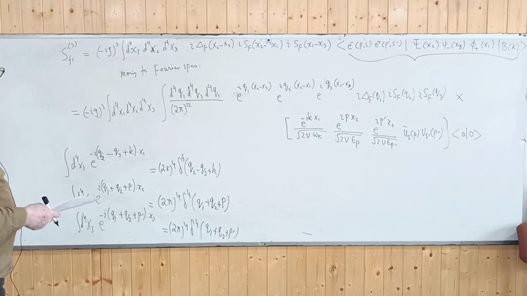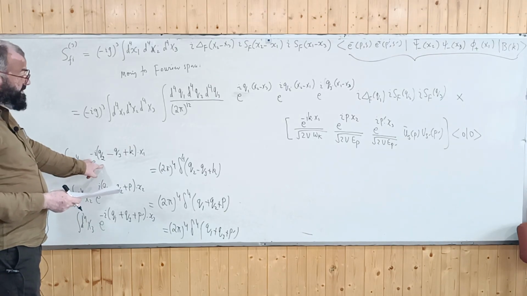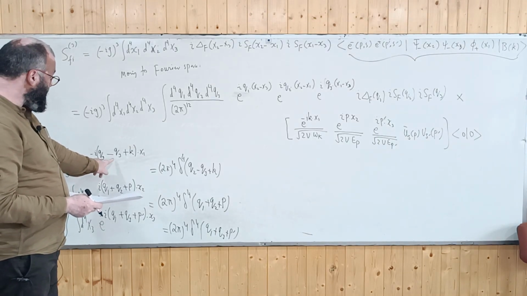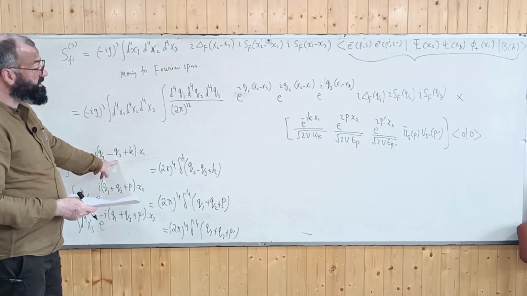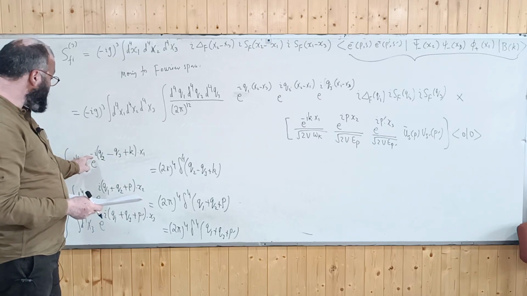So that's why we are having a problem. So what are the integrals? d4 x1 contains q2 dot x1. So that comes with the minus sign. Then you are having q3. That's again with the minus sign, is it? Sorry. Q3, that's with the plus sign.